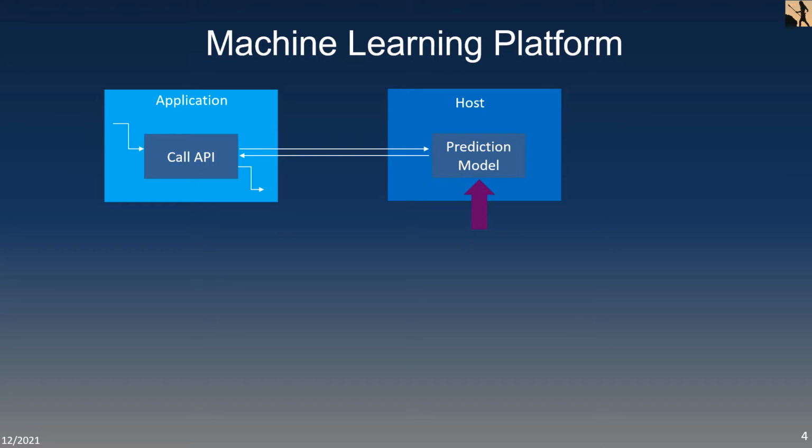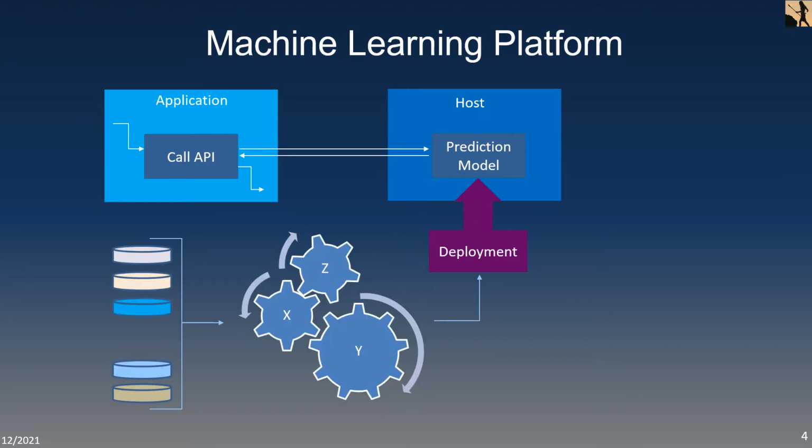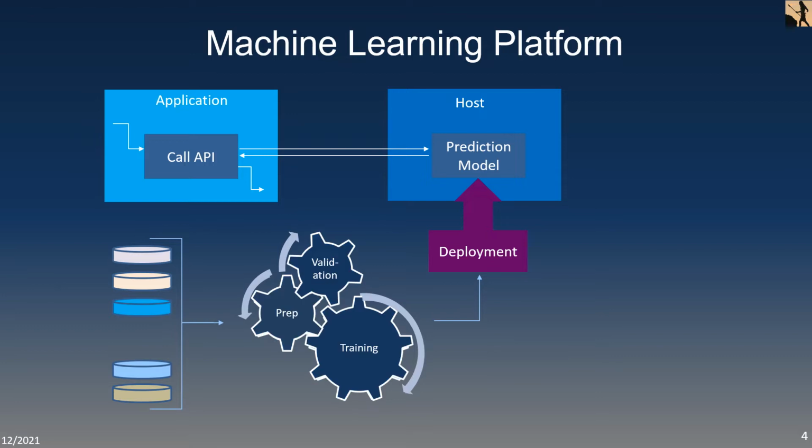And some smart people like you may have written programs to operate on the data and build a model for deployment. As the practice for building prediction models has become more and more matured, the tasks of data prep, training, and validation have been better defined.